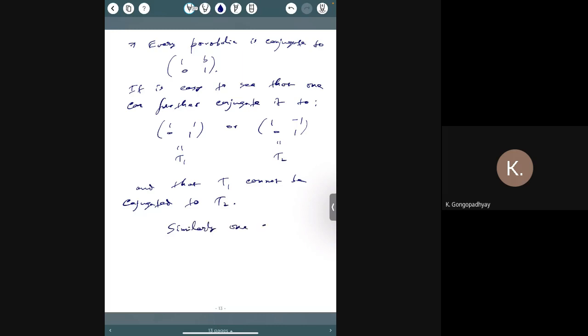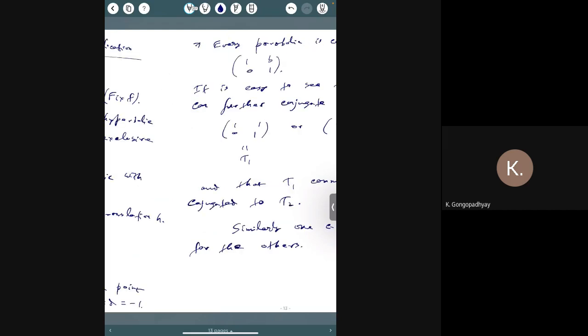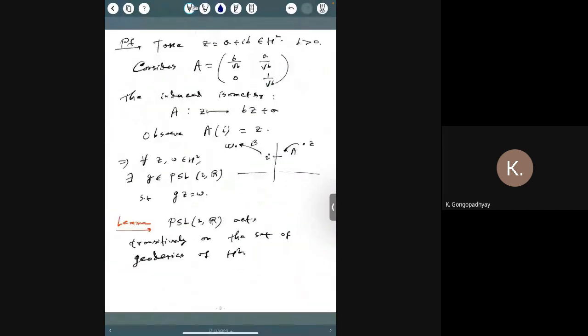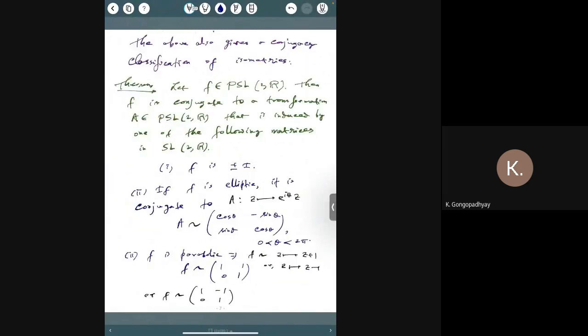Similarly, one can see for the others. Now let me come back to the statement of the conjugacy classification where I started.